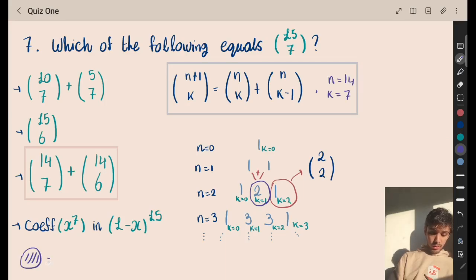It's 2 on one hand. On the other hand, it's on the third row, so n is equal to 2, and k in our case here is equal to 1.